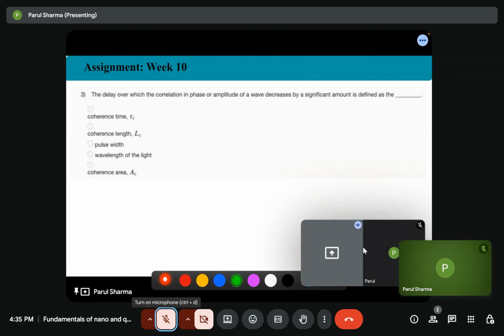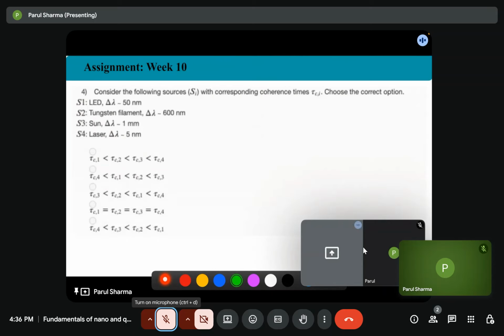So we know that if there is a delay beyond a coherence time, we cannot tell what the phase or amplitude is. So the correct answer is coherence time. These are all things we saw in the lecture.